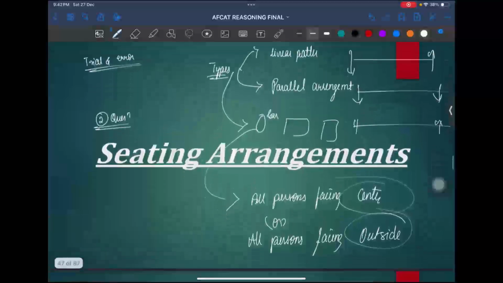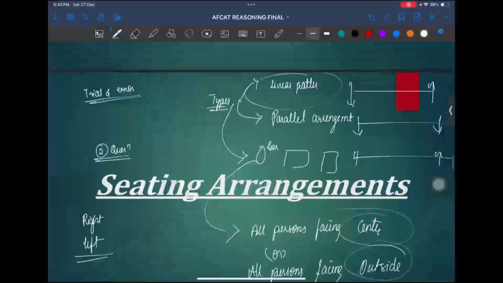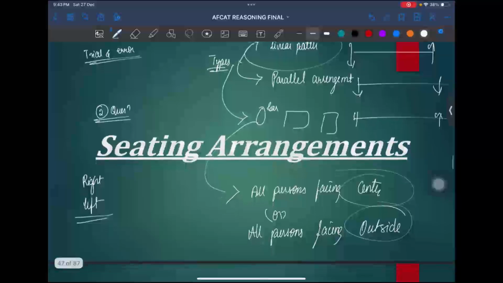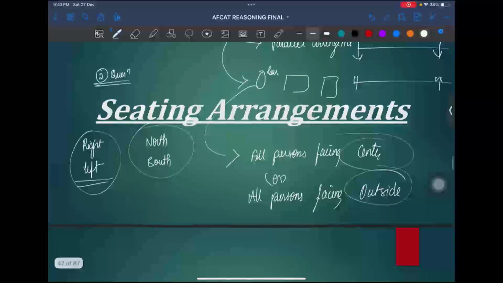For this you need to know what is the right side of a person and what is the left side of a person. And if the question is a linear pattern, you just need to identify whether a person is sitting towards north or towards south. Based on that we can try to answer it.